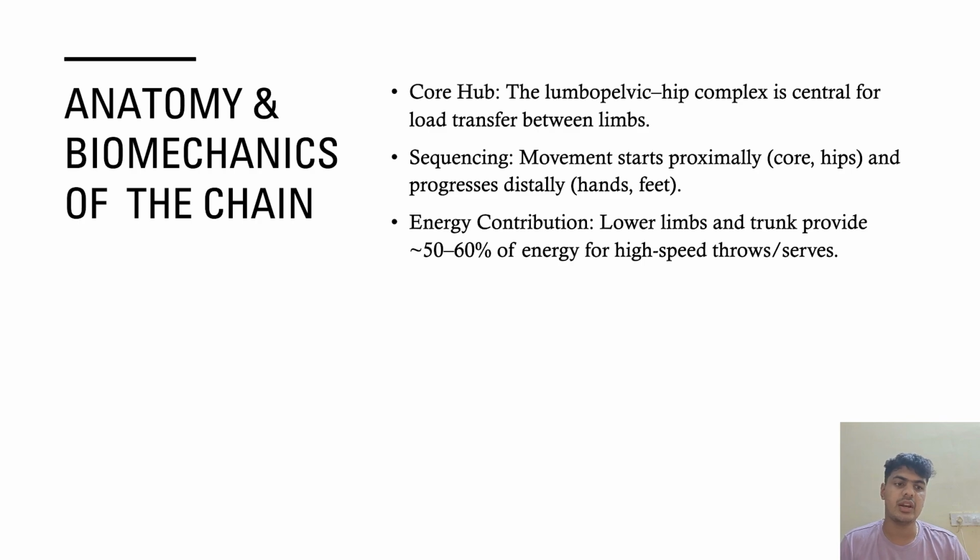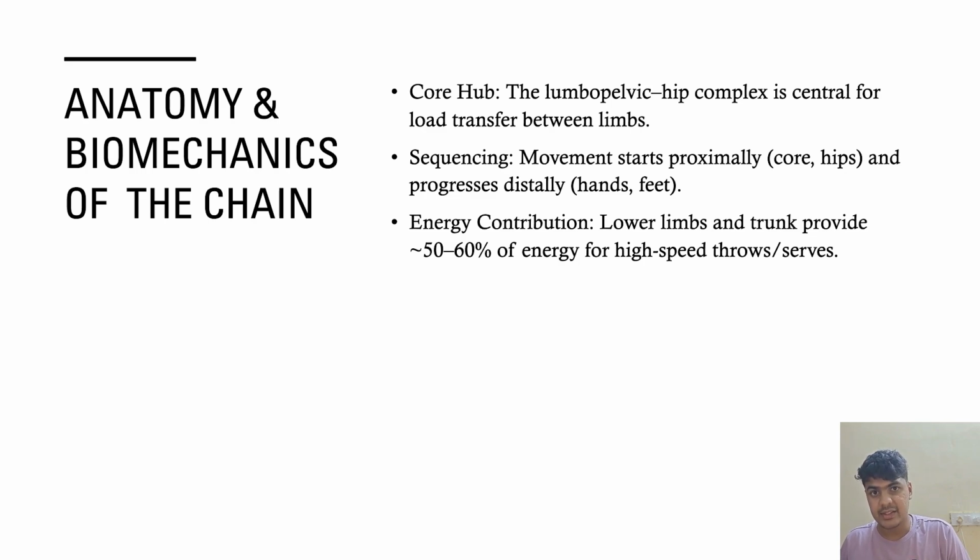Energy contribution. Lower limb and trunk provide 50 to 60% of energy for high-speed throws and serves. So, as I was saying, like boxing, or a badminton serve or a tennis serve or whatever it may be, the energy is produced from the ground, with the ground support or from the legs.